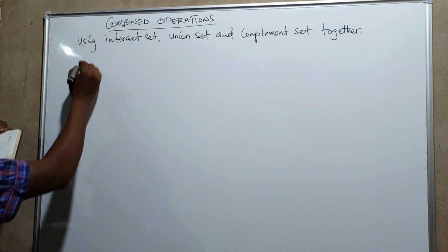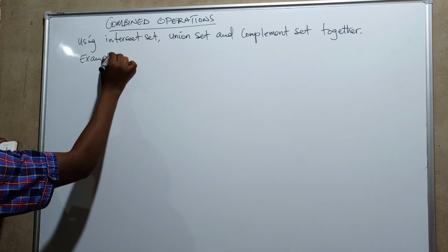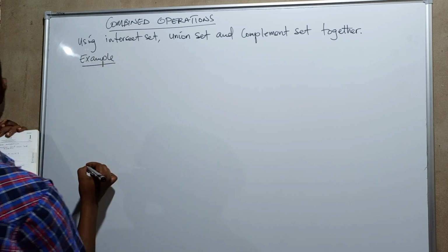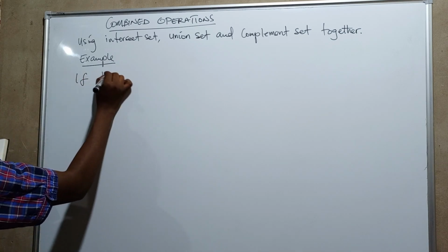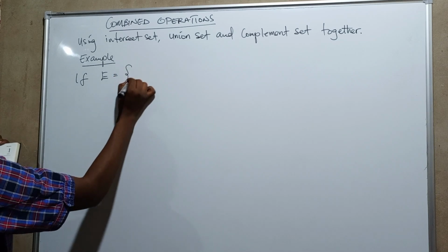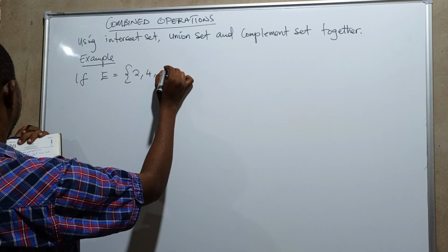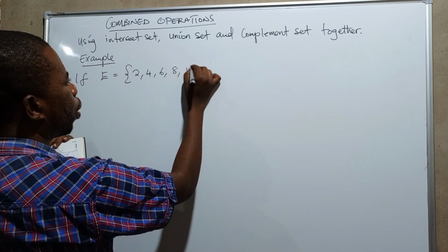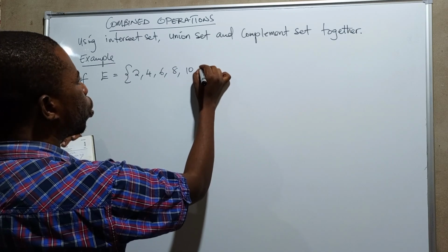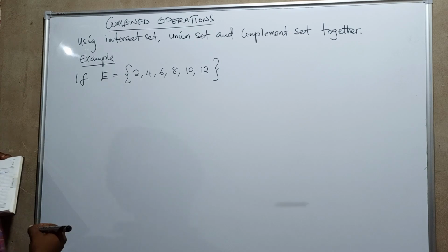So let's first go through this example. This example says that the universal set is equal to 2, 4, 6, 8, 10, 12.